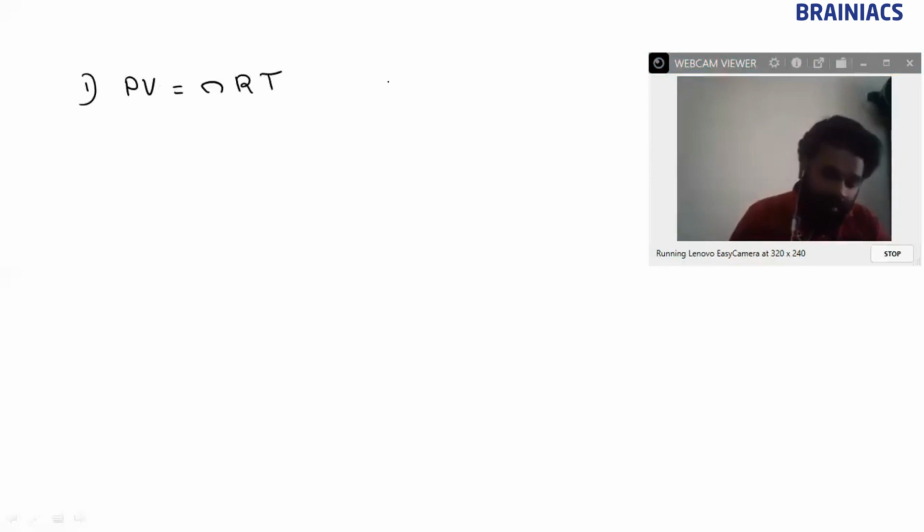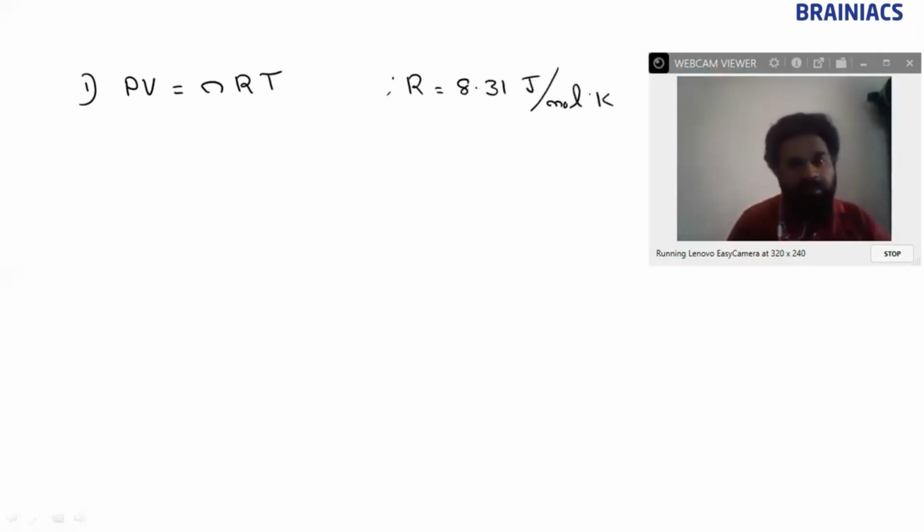Here the value of R is 8.31 joule per mole Kelvin, the universal gas constant. P is pressure, V is volume, n is the number of moles, nRT or mu RT, and T is the temperature.